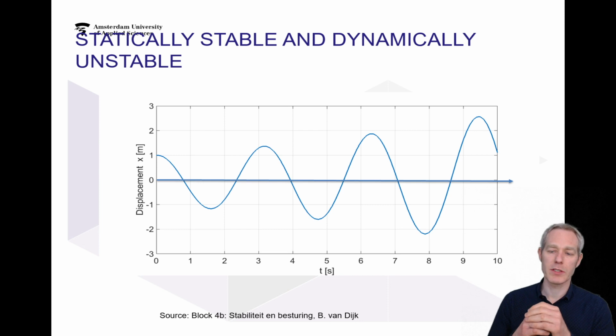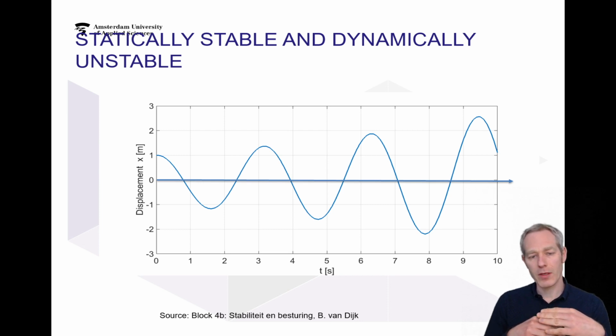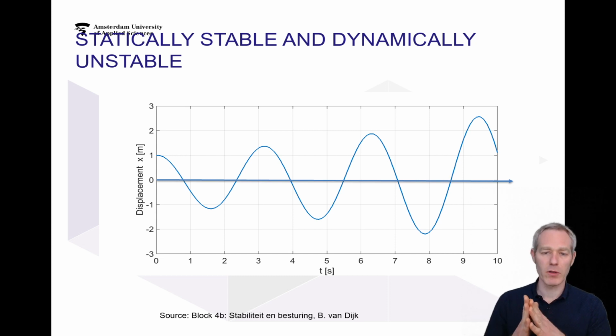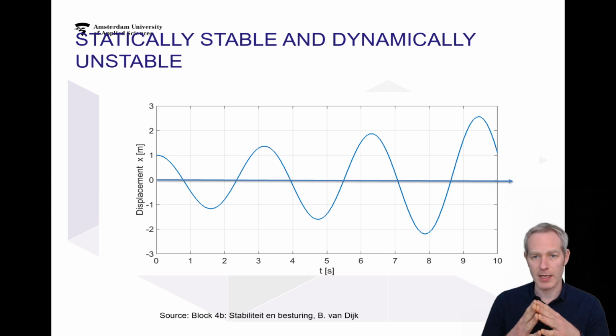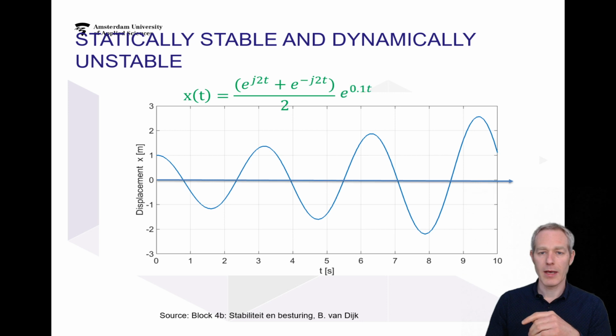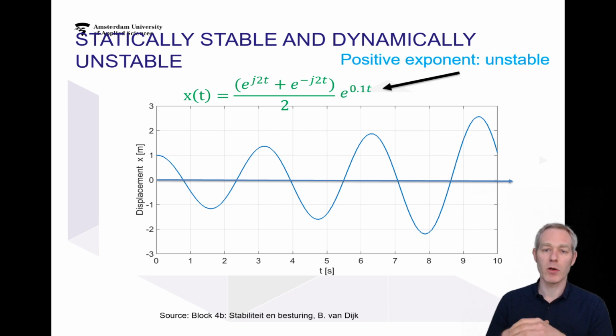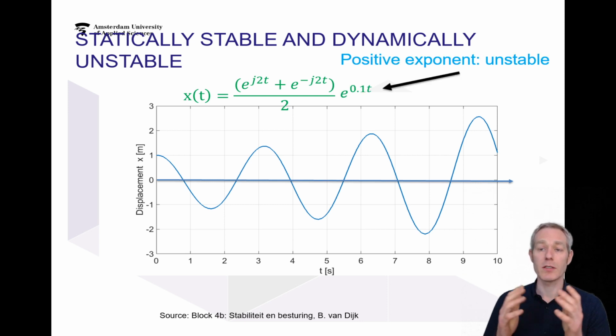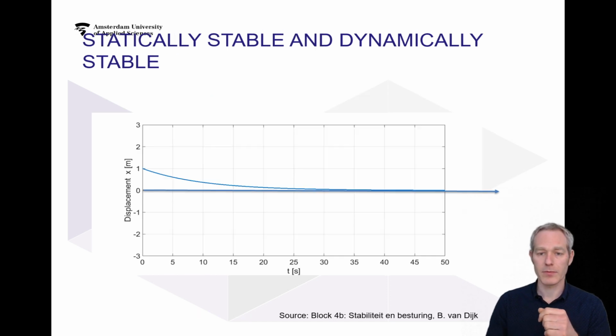Now here we see a system where we've perturbed it, and initially it will go back towards its equilibrium position, but the oscillations are getting bigger and bigger, which means it is by no means stable, and so even though it's statically stable, it is dynamically unstable. Here we see the exponent is 0.1 t, a positive exponent, and then we see unstable behavior.